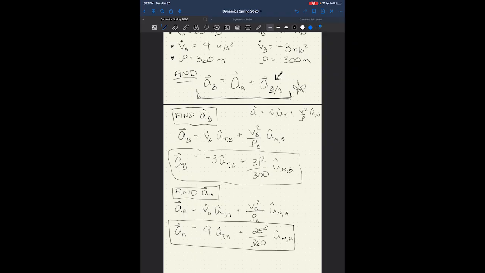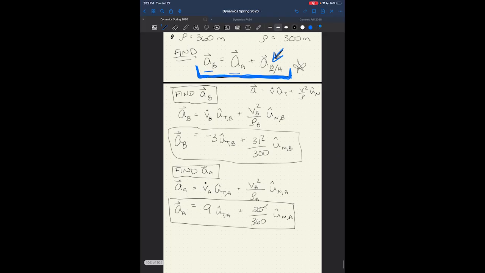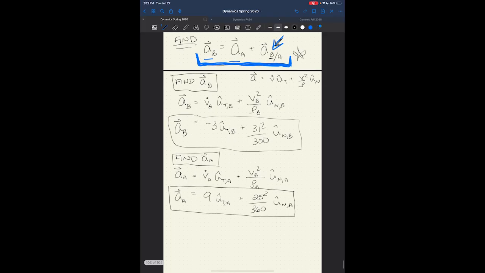Okay, so let's move back a step. I said we wanted to find acceleration of A and acceleration of B so that we could plug it in to this equation up here and then solve for the acceleration of B relative to A. I want to solve for this by plugging in this and this. So let's do that.